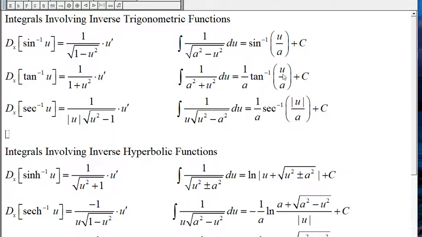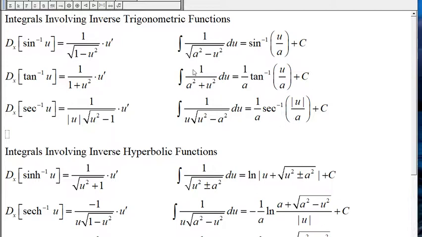We get this integral from this formula. And then we have seen that the derivative of secant inverse is 1 divided by the absolute value of u times the square root of u squared minus 1. From here we get this formula, the integral of 1 over u times the square root of u squared minus a squared is 1 over a times secant inverse of u divided by a.